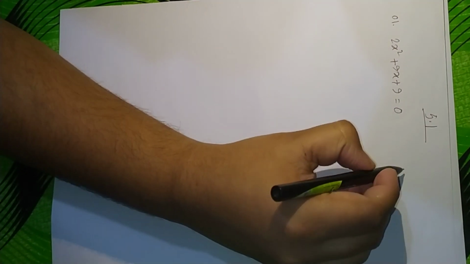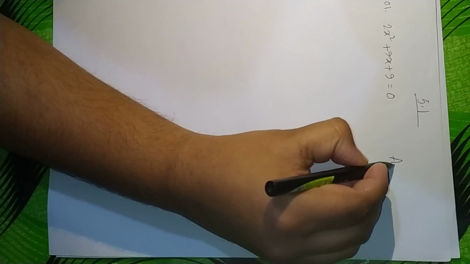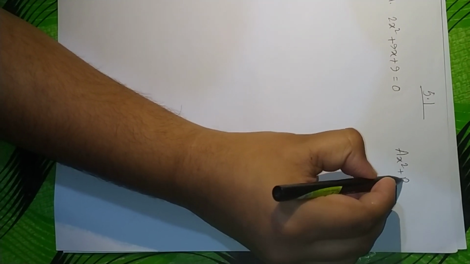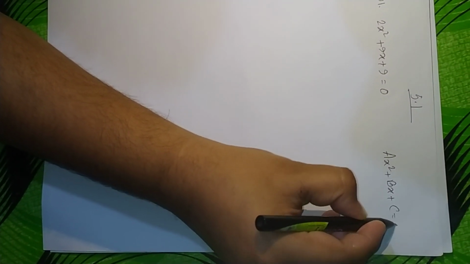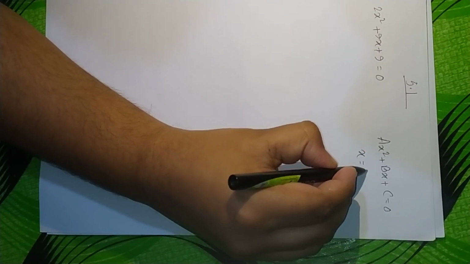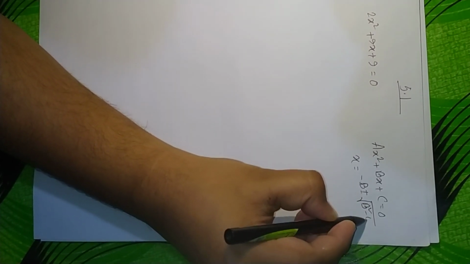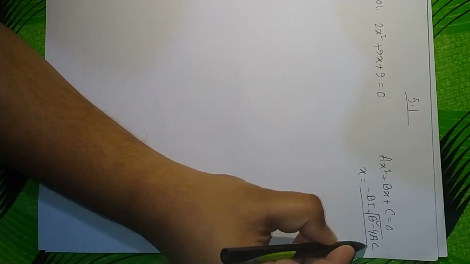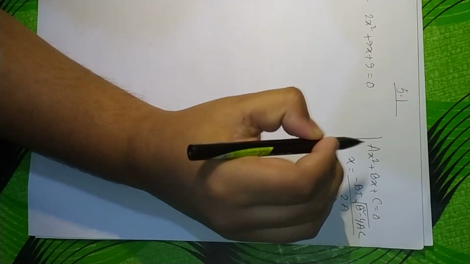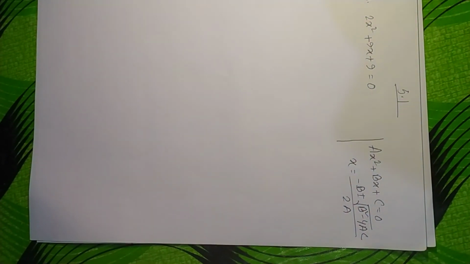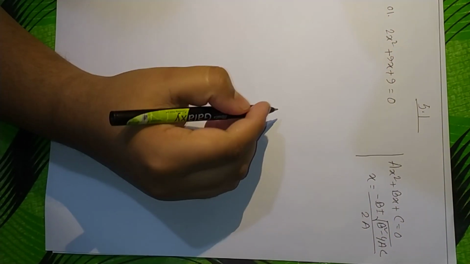Yes, exactly. The equation was ax square plus bx plus c equals 0, and the formula was minus b plus minus root over b square minus 4ac divided by 2a. You can write it this way at the right side in your page.